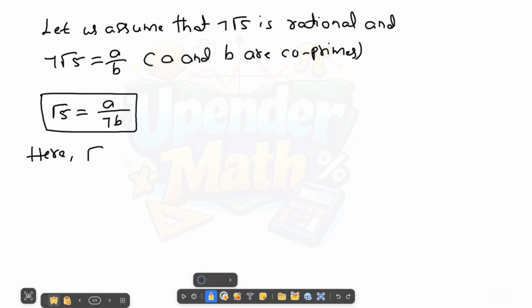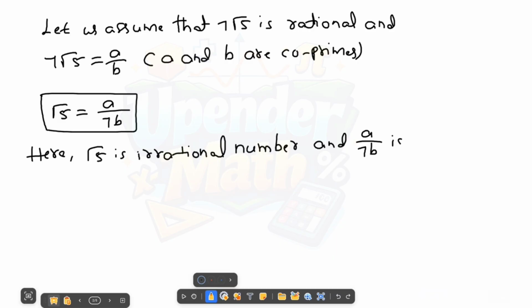Root 5 is an irrational number and a by 7b is a rational number. So root 5 should not be equal to a by 7b.